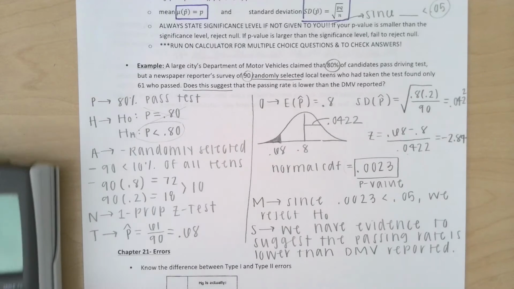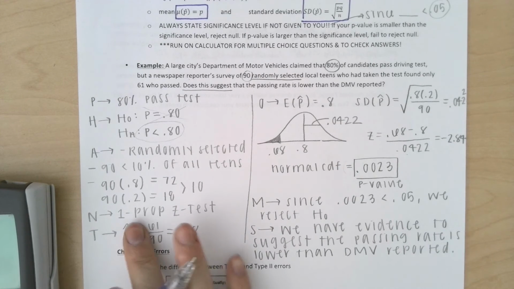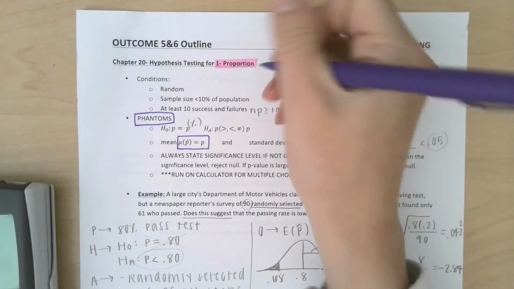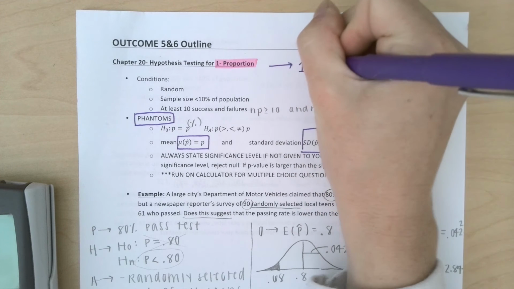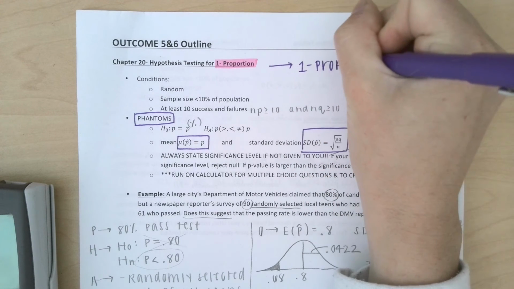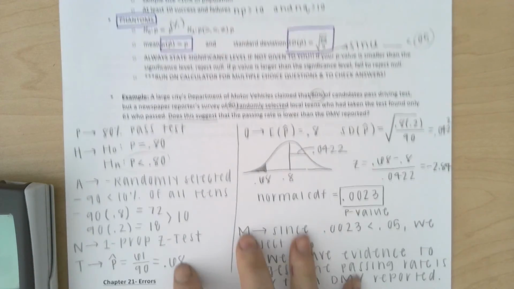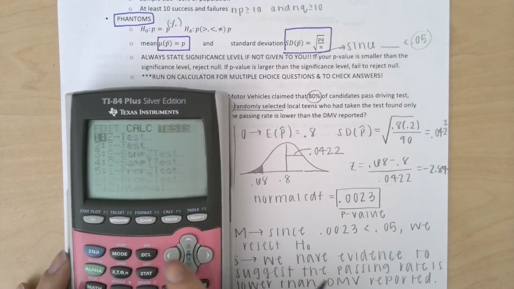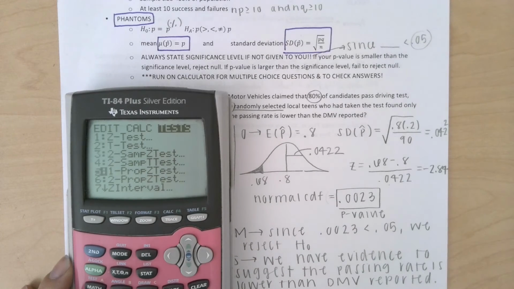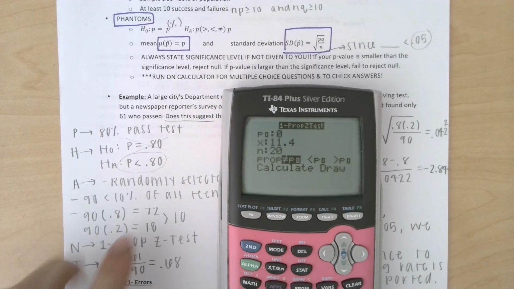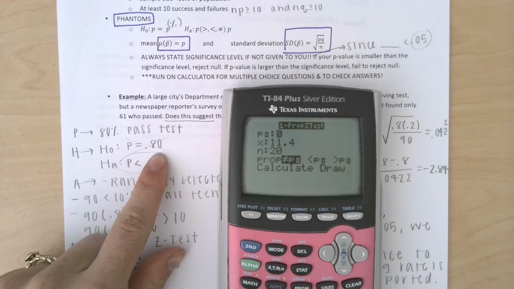Okay, we can check this by running our one prop z-test on our calculator. If you didn't remember that calculator buttons, I would write it down up here. So this should be called a one prop z-test. So in my calculator, I'm going to go to stat tests. I'm looking for a one prop z-test. I'm going to type in p naught, so that's the p-value you had in your H naught, so 0.8.